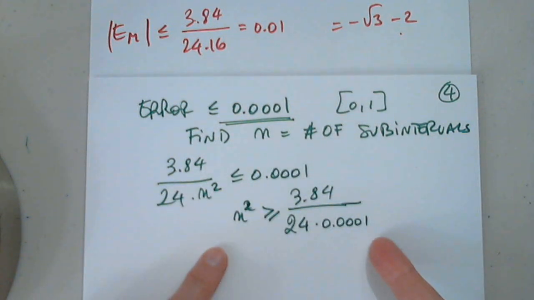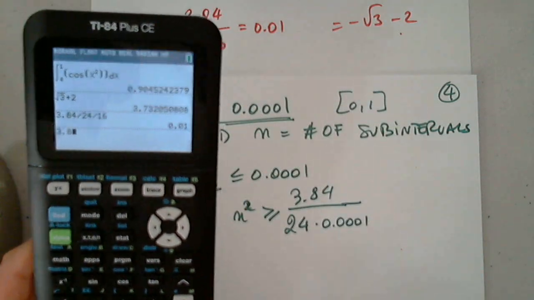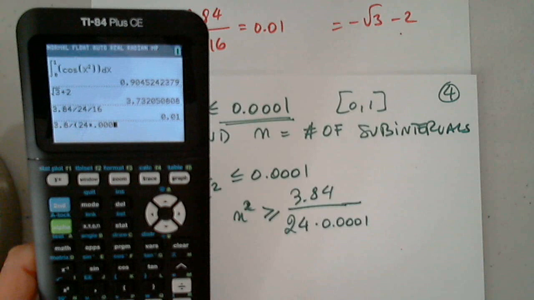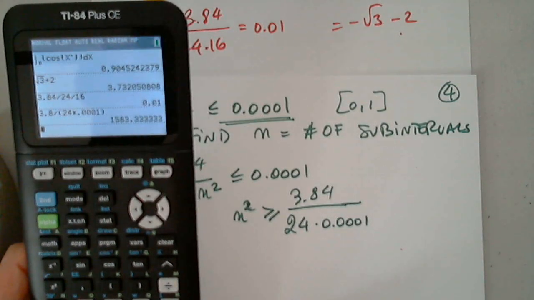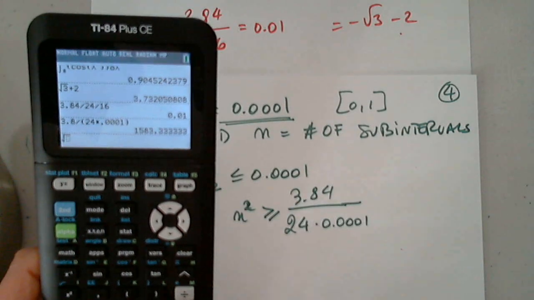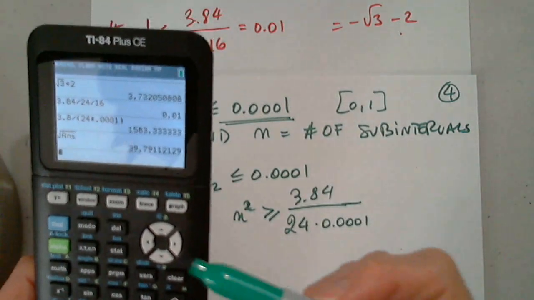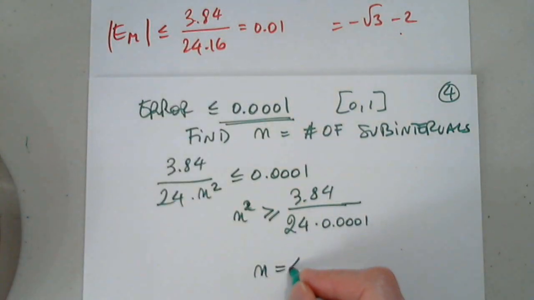And then take the square root of this number. So let's see what we get. So 3.84 divided by, I'll put parentheses in this case. I didn't even need to multiply that with the calculator, but anyway. And then I take the square root of the previous answer. So I got 39.79, so then n must be 40 or more.